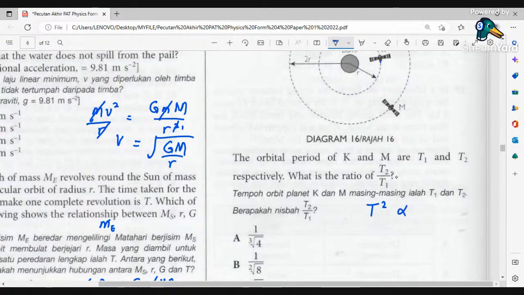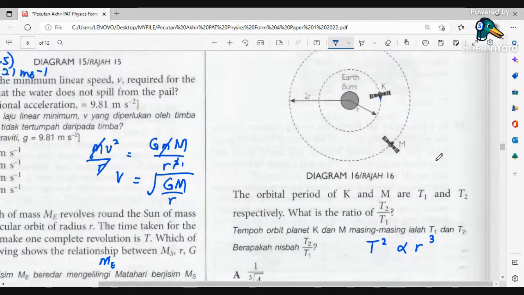T squared is directly proportional to R cubed, meaning the ratio of T squared over R cubed is a constant.